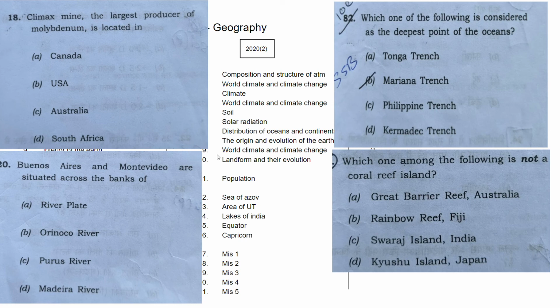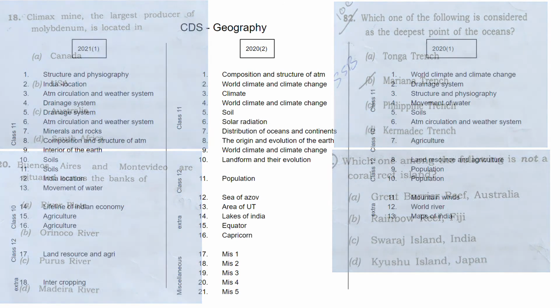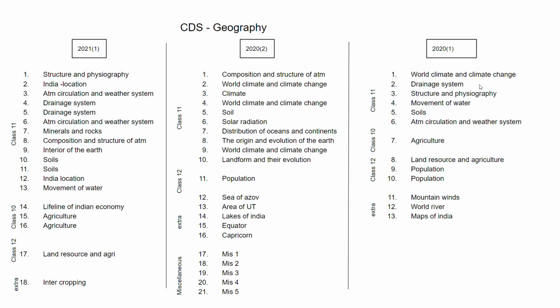So this is the 2022 paper. Now I also studied the 2020 first paper and subsequent papers, but I won't mention them because the video will be long. So let's consider some visible facts. First is the majority of questions were asked from 11th.